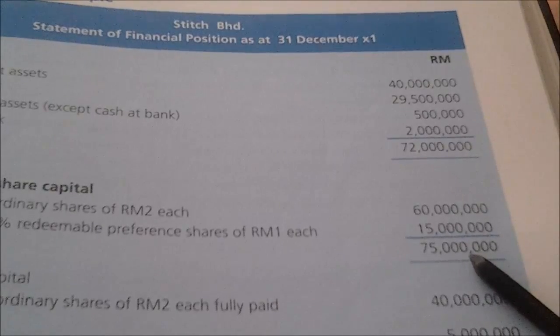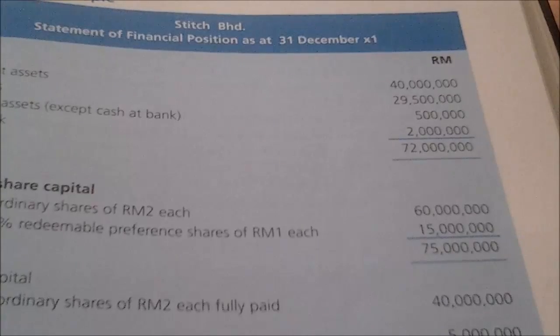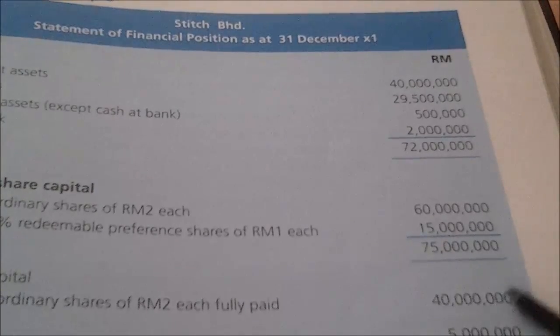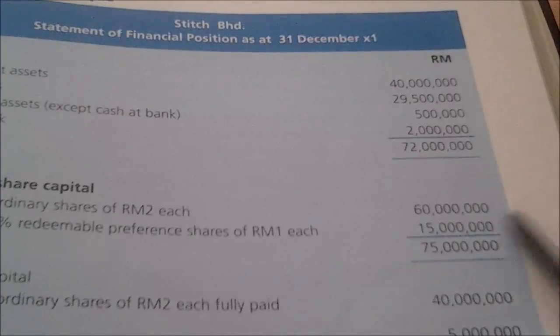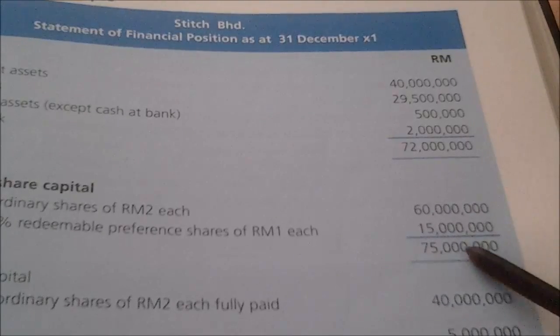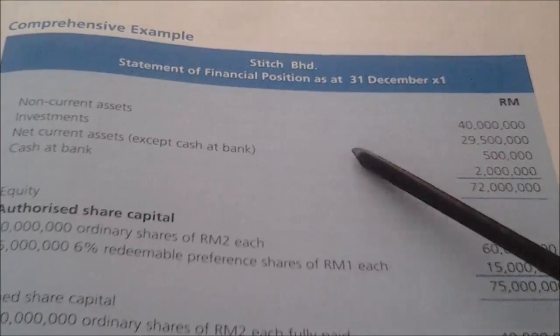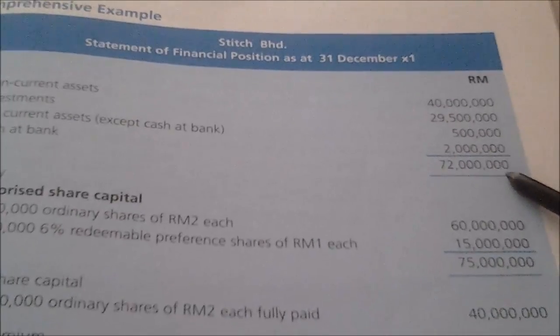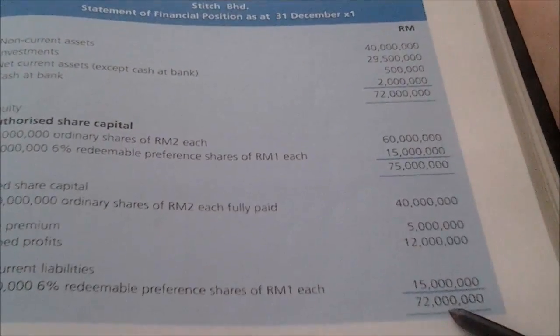So this is put in the statement of financial position as a note, as a memo, so it is not counted. That's why usually there should be a double line under here, meaning that this amount is not counted. If you see this statement of financial position, the assets are 72 million and the liabilities are 72 million.